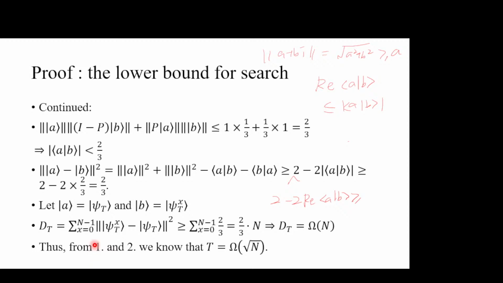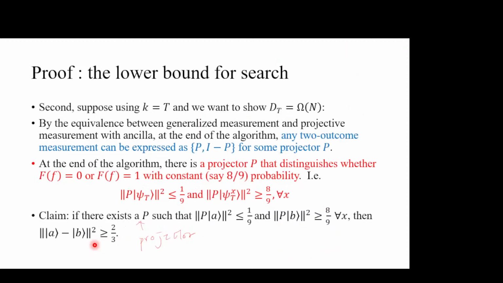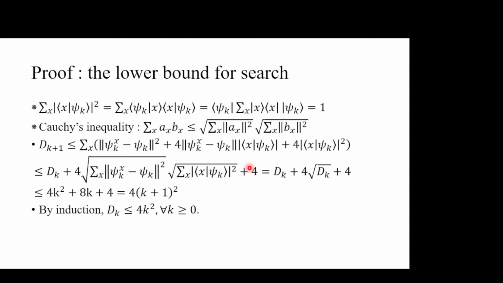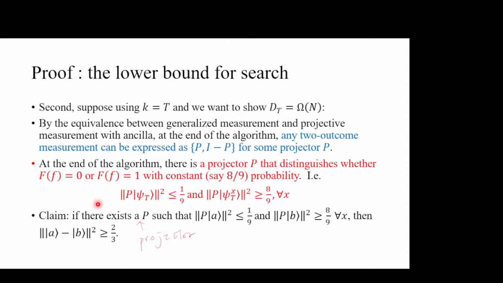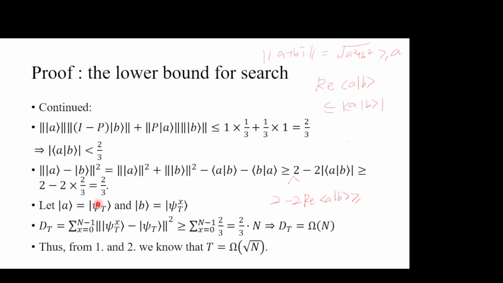And combined with the upper bound on how much progress you can get on each step, you see that you need at least square root n steps to give an algorithm that distinguishes between all pairs of psi x and psi. Okay, any questions?